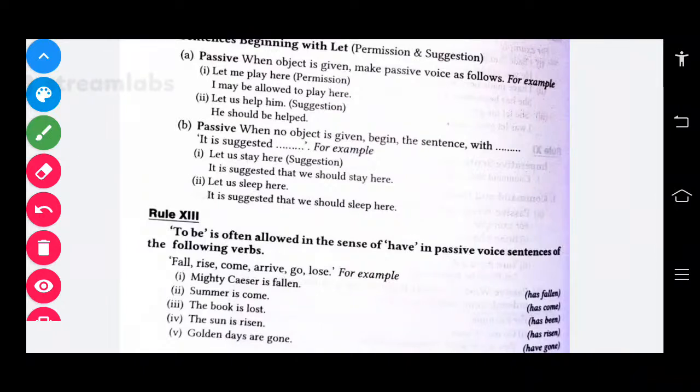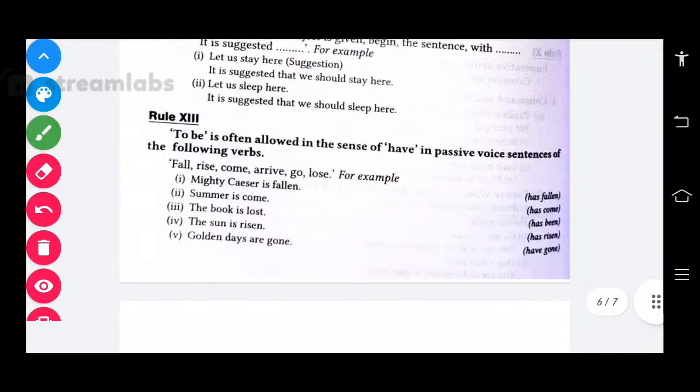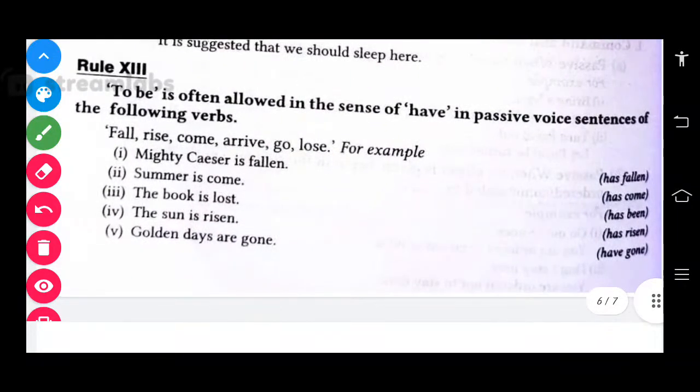Are you all with me, dear children? Hello, dear children. Please let me have your response. Are you listening or not? I am not able to get it. So far we have discussed 12 golden rules.